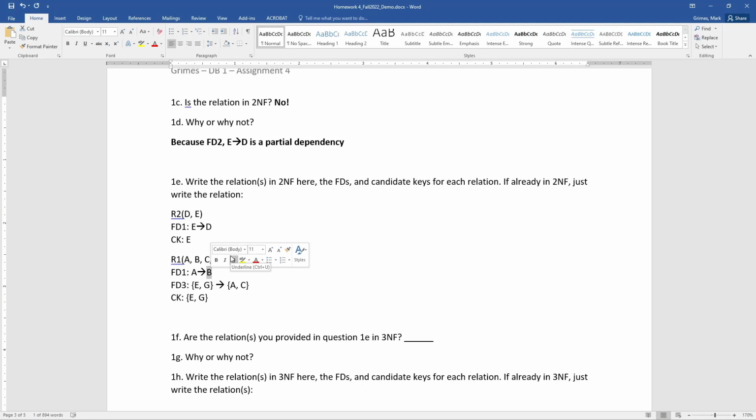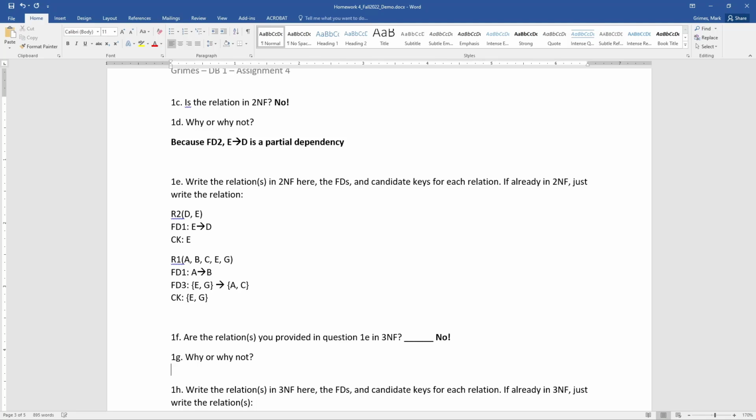So this is a transitive dependency and a violation of third normal form. So no, we are currently not in third normal form. And that is because functional dependency 1, A determines B, is a transitive dependency.